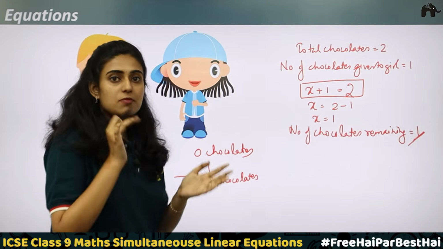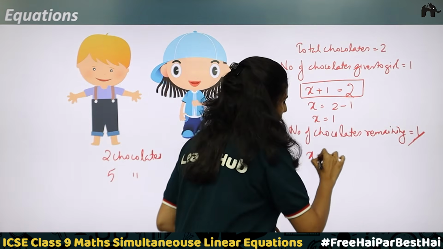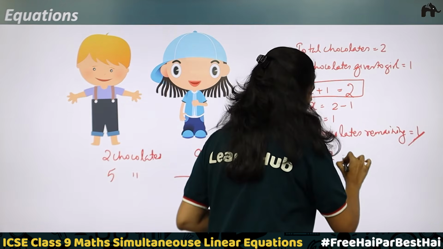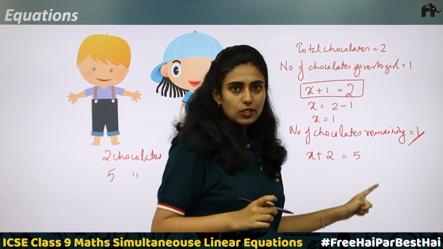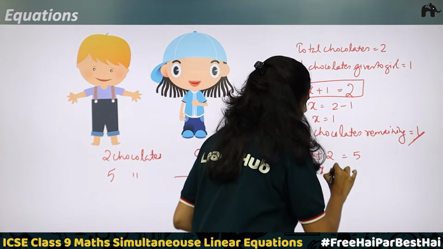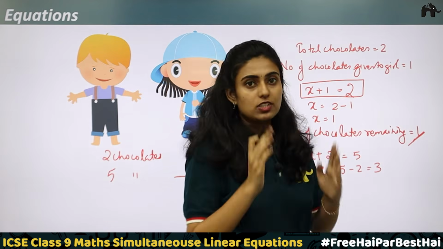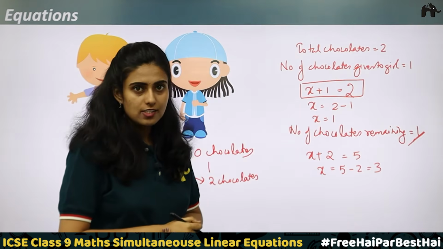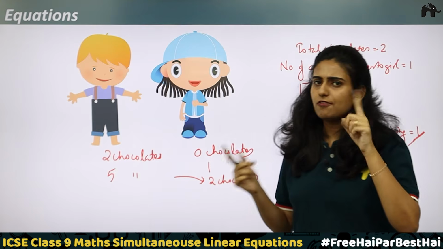Again, let the number of chocolates remaining with the boy be x. x plus the number of chocolates given to the girl, that is 2, is equal to the total number of chocolates, 5. So, x plus 2 is equal to 5, which means x is equal to 5 minus 2, x is equal to 3. So, 3 plus 2, you will be getting 5. 5 is the total number of chocolates. This is how you will be solving an equation in one variable.